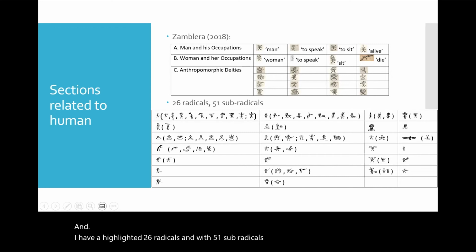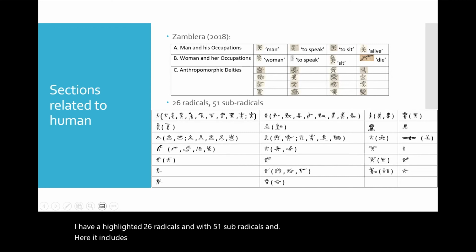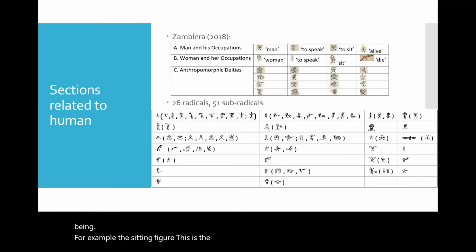And here it includes the glyphs related to human, to ghost, to gods, and different actions of human beings. For example, the sitting figure. This is the normal glyph for sitting.